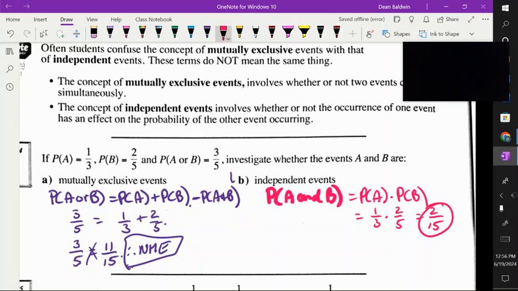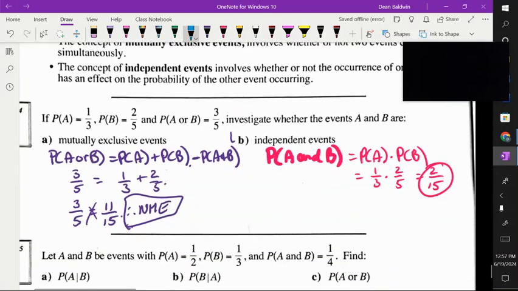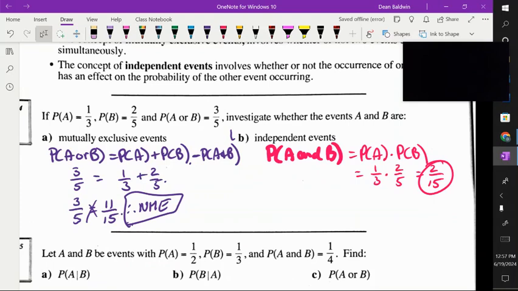So what we have to figure out is, what is this? Well, we can calculate that because we know they're not mutually exclusive. So there is this, and we solve this, this, and this. We're given all those, so we can figure this out.